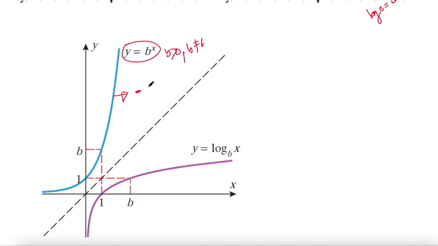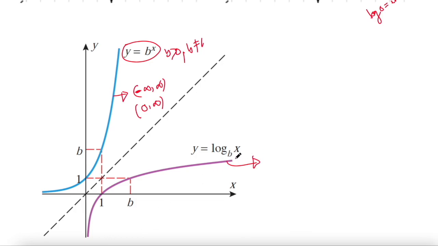You are allowed to put any real value for x. So the domain of this function will be negative infinity to infinity, and the corresponding y values will be 0 to infinity. This is the range of the exponential curve.